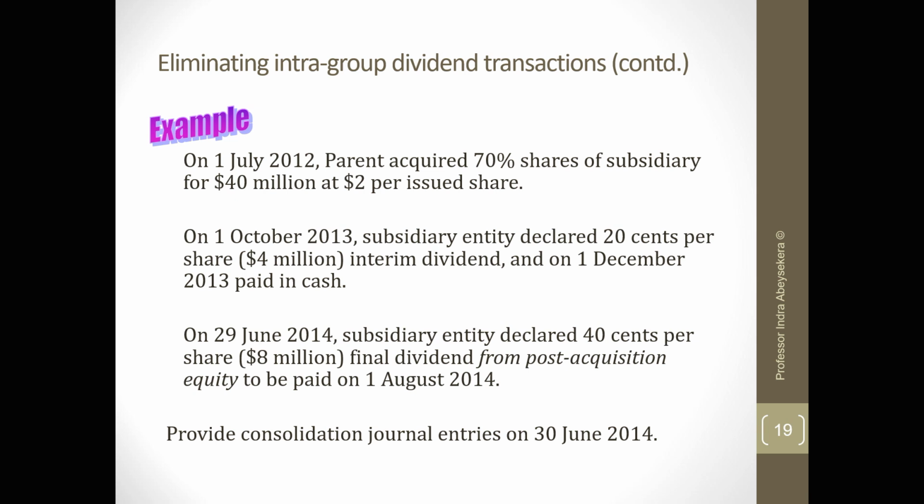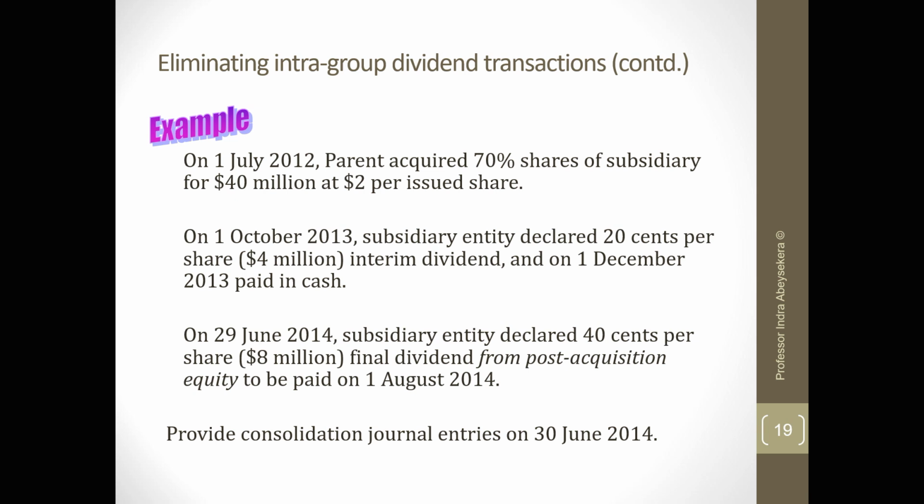So interim dividend is 2.8 and dividend revenue is 2.8. For the final dividend, it is 5.6. That's 70% of 8. Debit final dividend and credit dividend revenue 5.6. Because it was not received in cash, you have to debit dividend receivable 5.6 and credit dividend payable 5.6.